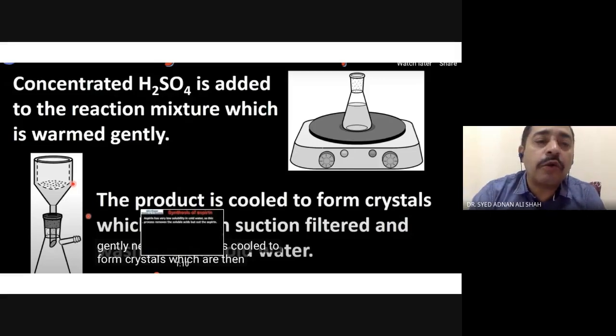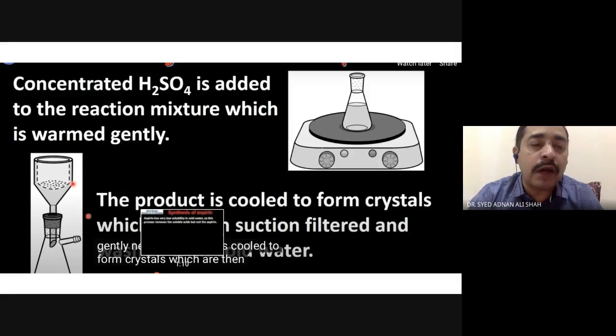So this is called the workup. At the end of the reaction we have to perform some workup. In this practical they have used the water for all the workup of the reaction, right?